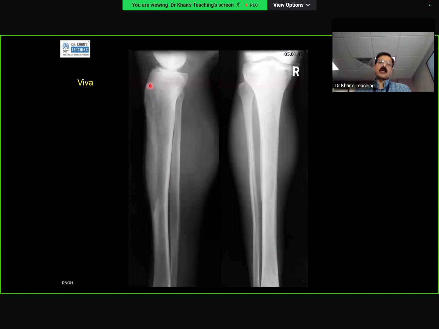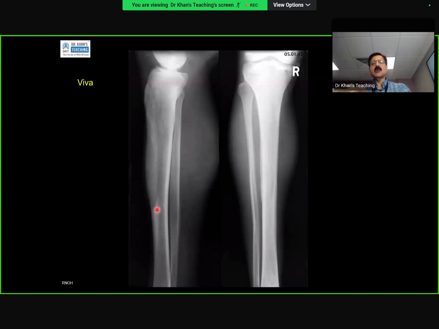Now, in this particular case, if you see here, there is a lucency. And this lucency extends anteriorly in the cortex, blade glass appearance, flame shape appearance, and it is lucent. So the eye sees what the mind knows. And with that, you can imagine that the anterior cortex is thickened also of this lucency.